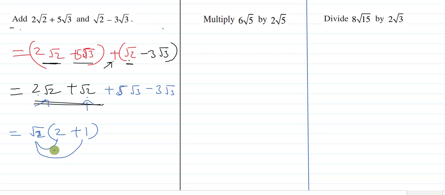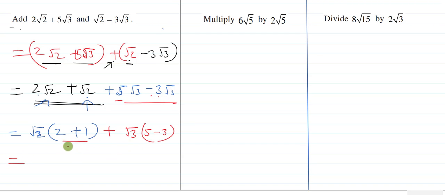Root 2 into 1, root 2. I believe every one of you knows how to take common. That is, we are performing the distributive law here, but in reverse order. Okay, here root 3 is common, so take root 3 common. What will be there? 5 minus 3.